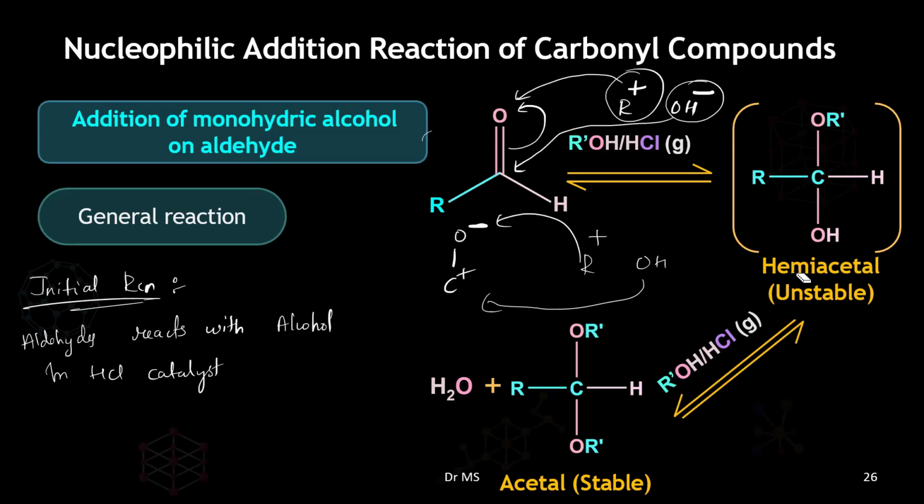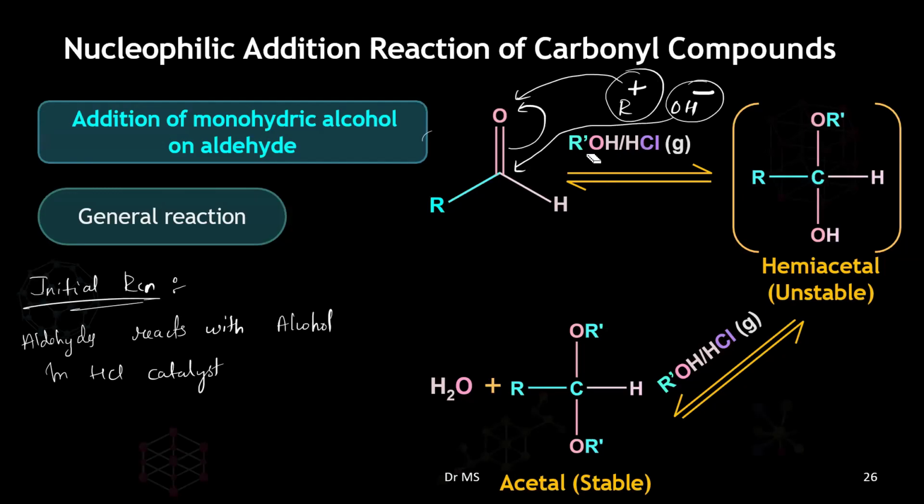Okay, and again the same reaction will happen further with the same alcohol and HCl. The unstable acetal will further react with another molecule of this alcohol, and in this the water molecule will be eliminated and result in formation of a very stable acetal. Just remember here, the aldehydes will react with the monohydric alcohol. This is very, very important.